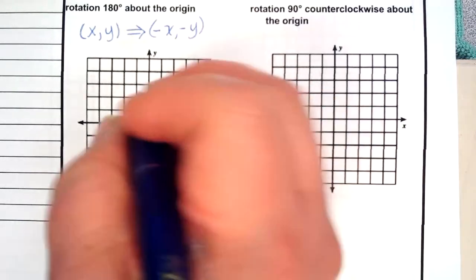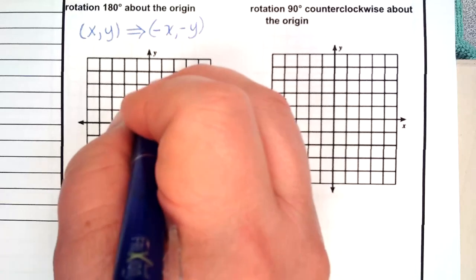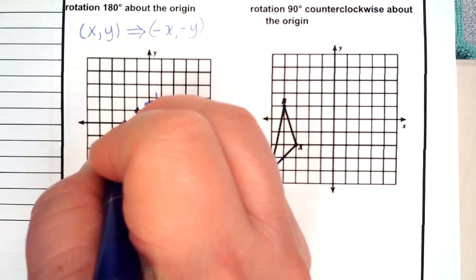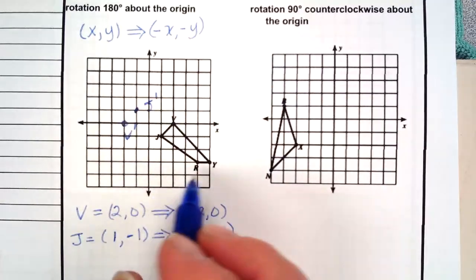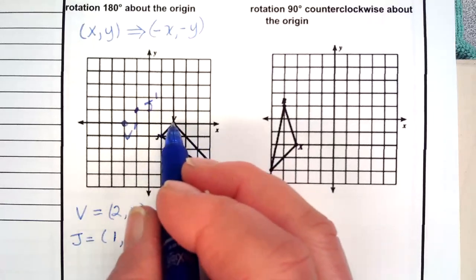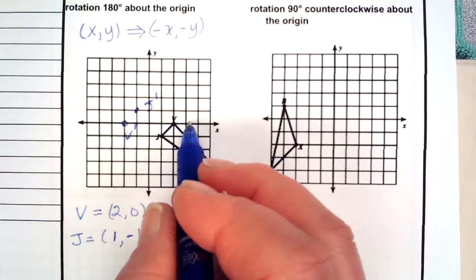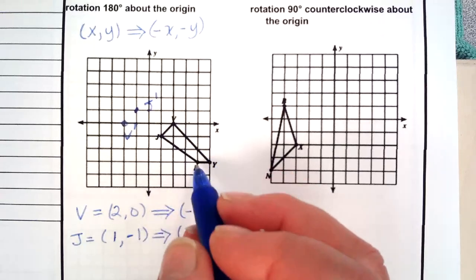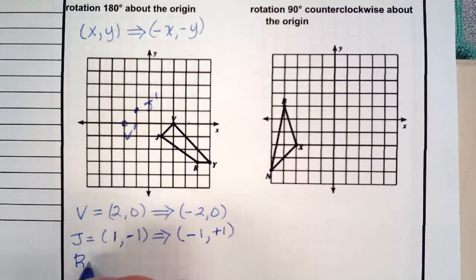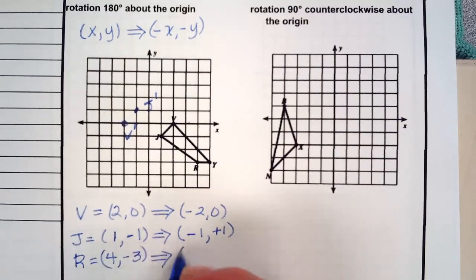And this is your J prime. Okay, R is 3, -4. R prime is -3, +4.